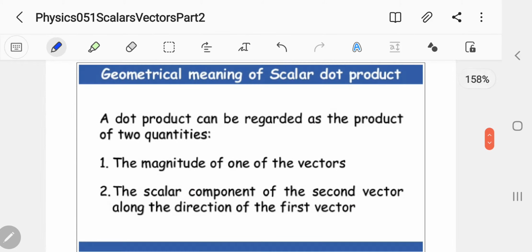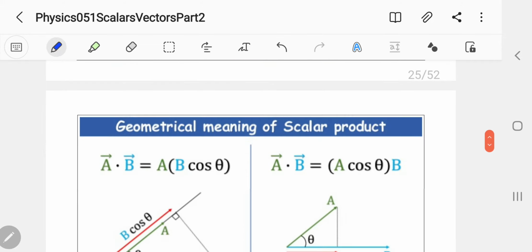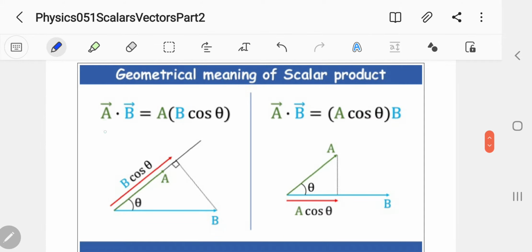So the dot product can be regarded as a product of two quantities: the magnitude of one of the vectors and the scalar component of the second vector along the direction of the first vector. So let's look at the figure. This is A dot B. If you have A here and then B is here, what is B cosine theta?